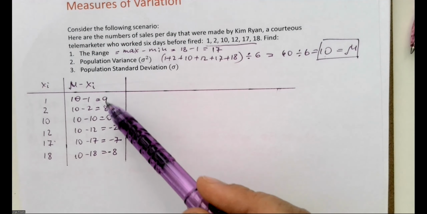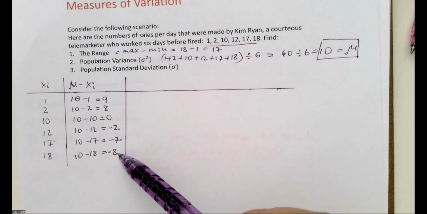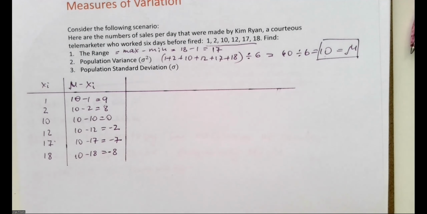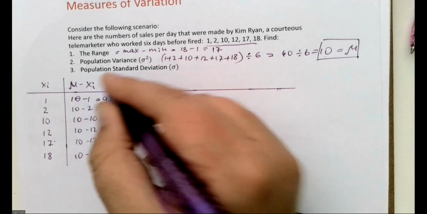And there are two ways to make those numbers positive. The most obvious one is to take the absolute value, because we learned in math class that the absolute value represents the distance. But in statistics, that's too easy. We don't do it that way. To make these values positive, we actually square them.